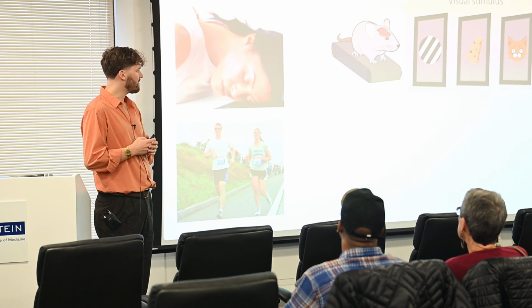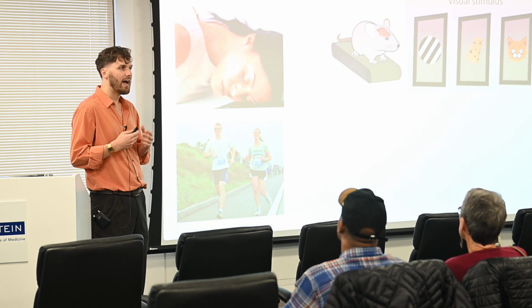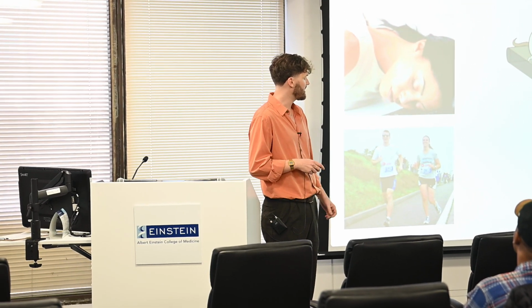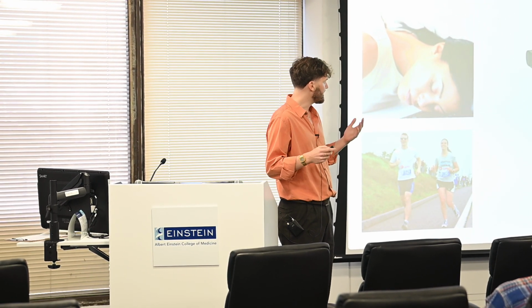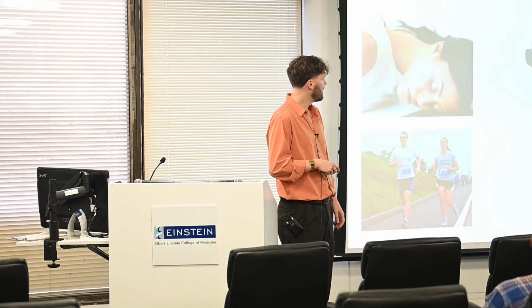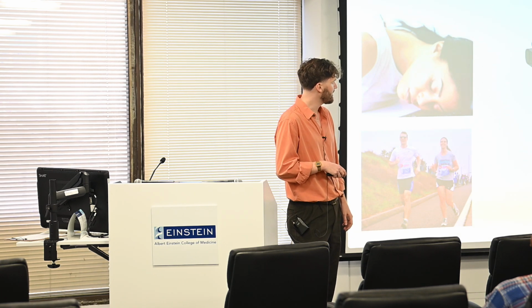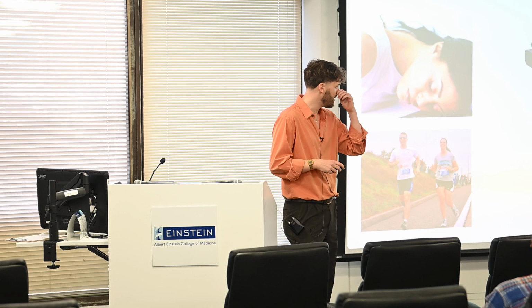Classically, people have looked at what's called the tuning, or how different cells will respond to these different visual stimuli. You might see something like this, where there's certain tuning to this drifting grating, different tuning for the cheese, and then maybe it doesn't really like the cat very much.